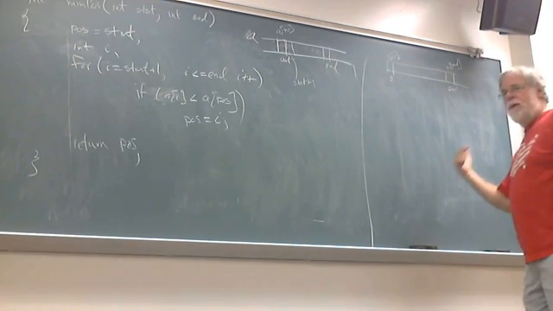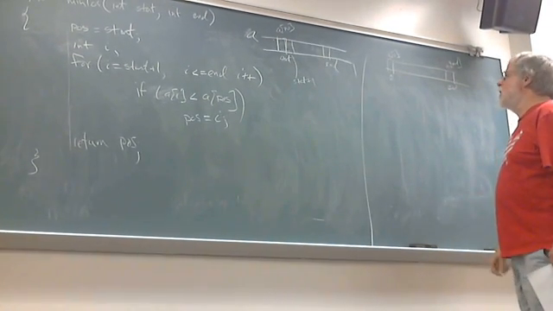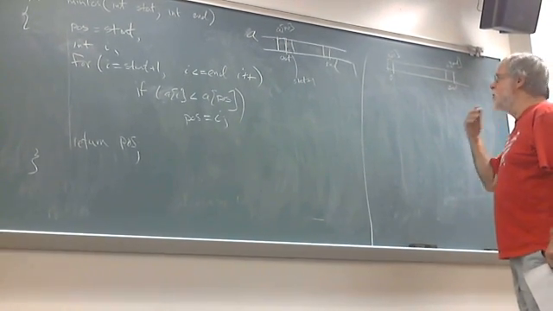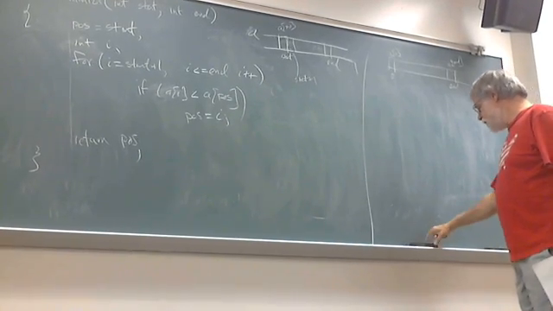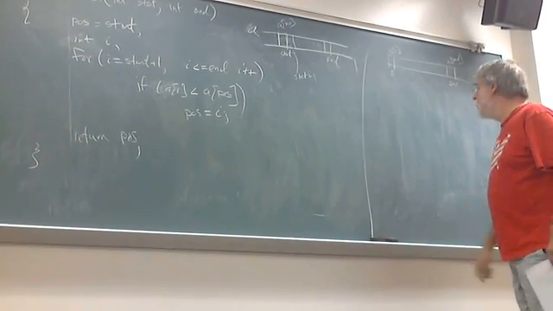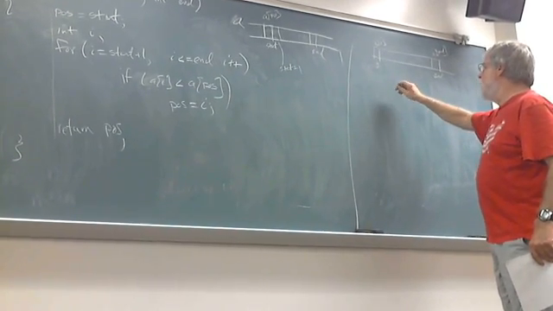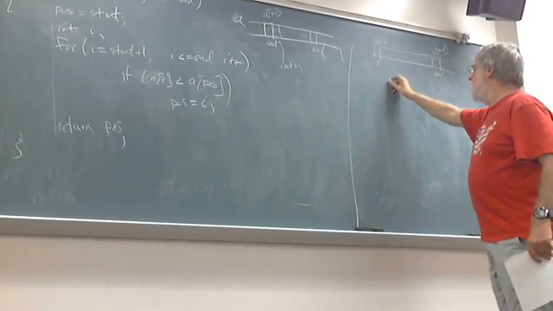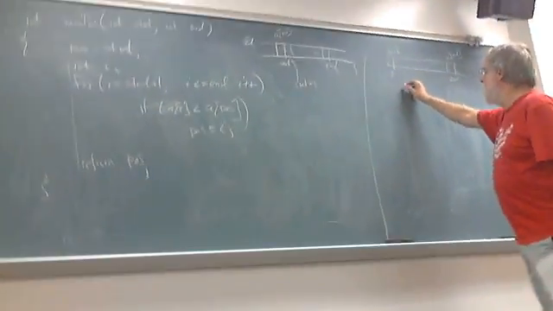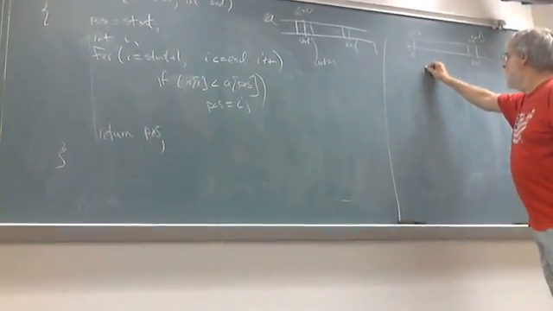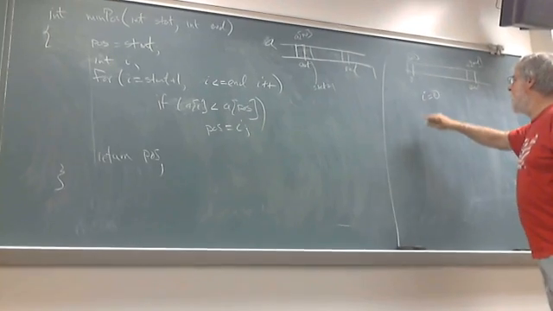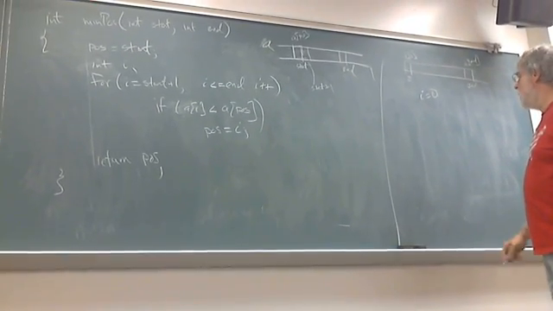So let me make kind of a schematic. What we're going to do is run this thing. I'm going to have a variable i that to begin with is 0.